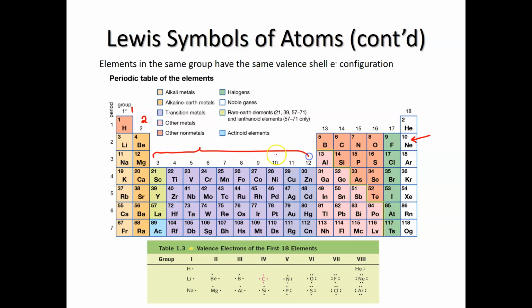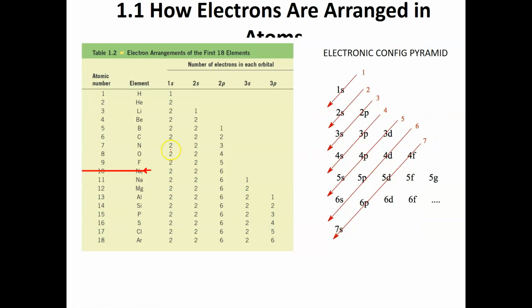Ignore the transition metal elements. This will be main group 3, 4, 5, 6, 7, 8. Those numbers also represent the number of valence electrons. So neon is in main group 8. What is the electronic configuration of neon?